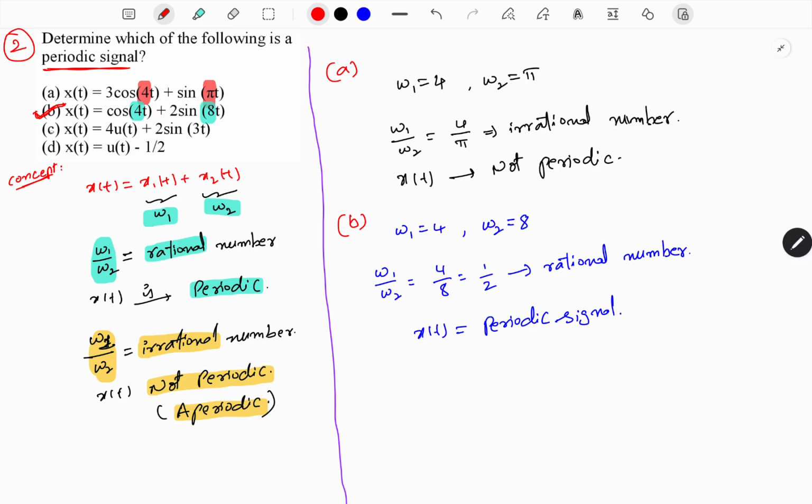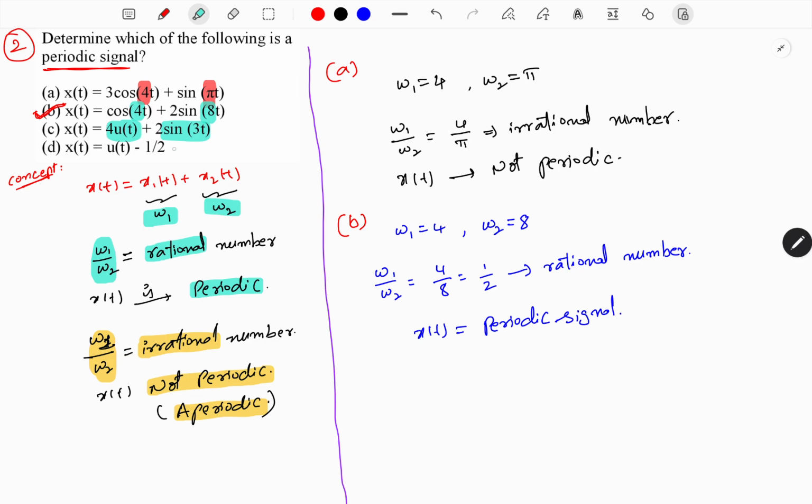So we will discuss options C and D also. In option C, a unit step function is given, and here a sine function is given.